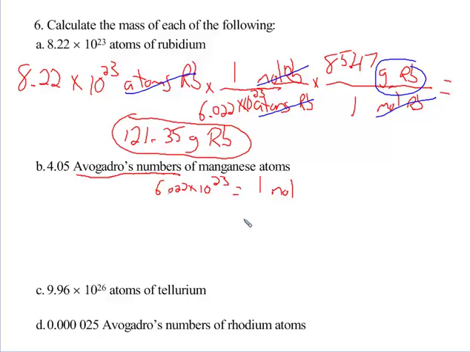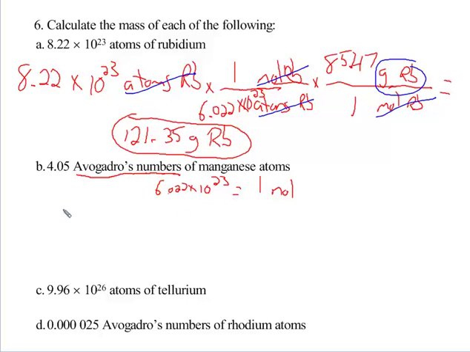So the only thing we have to do to calculate this is cancel our moles. This is saying 4.05 moles of manganese atoms.